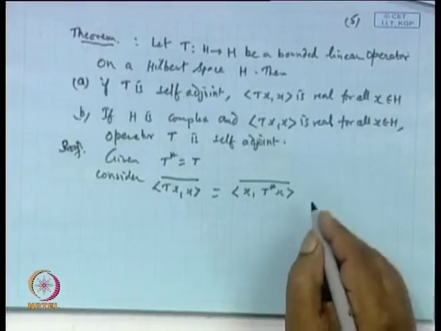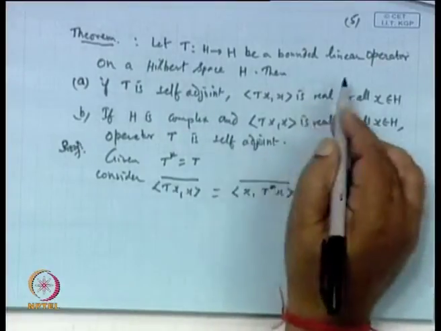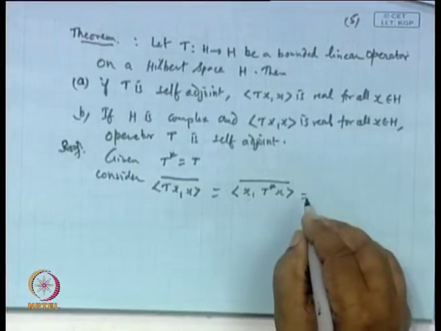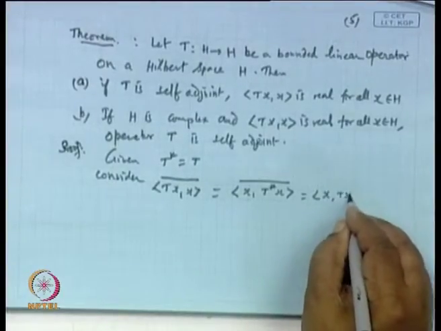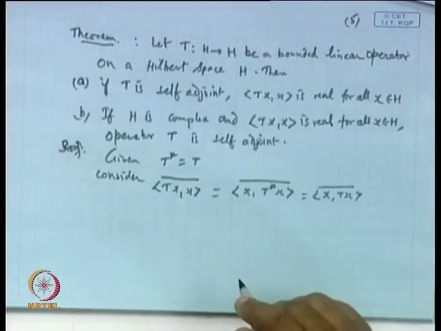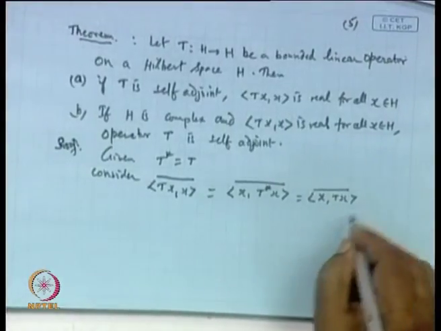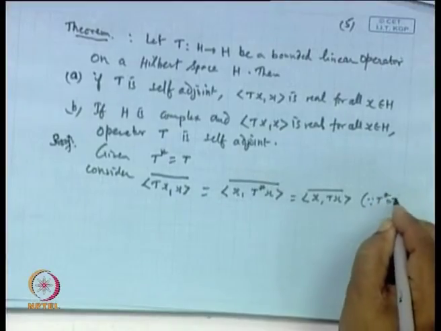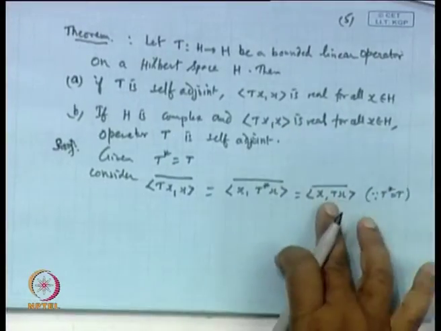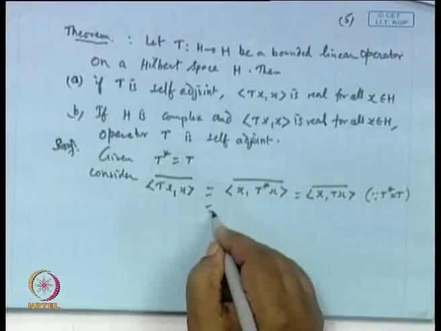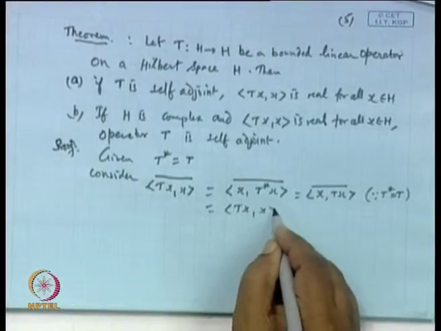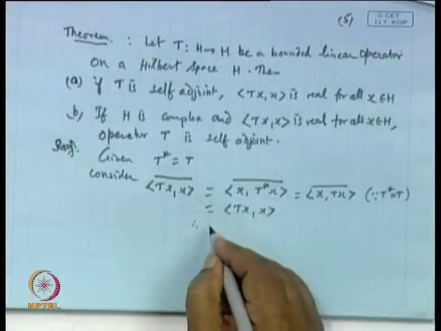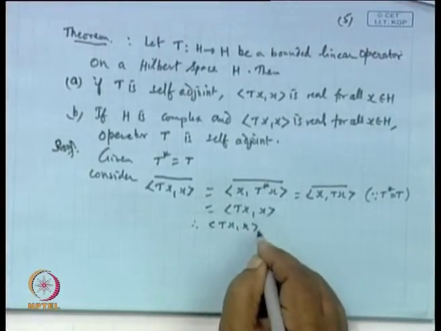Is it not? And since T is given to be self-adjoint, this is the same as x, Tx conjugate, because T star is equal to T. Is it okay or not? Now again interchange the order. When you interchange the order, it is the same as Tx, x. So this shows the inner product Tx, x is real.